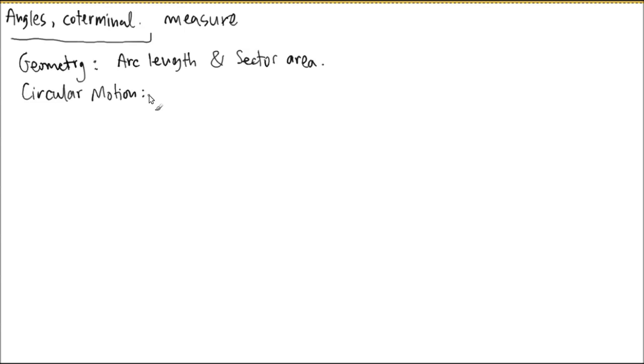All right, and we're going to especially focus on this arc length. So those are the two applications they introduced at the end of this section 6.1. And when we do that, what kind of measure are we going to stick to, do you think? It's going to be radian or degree.